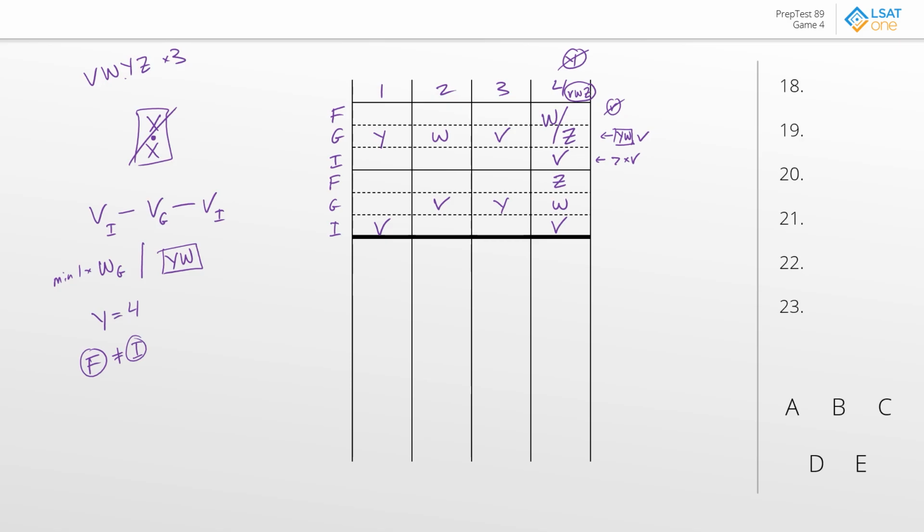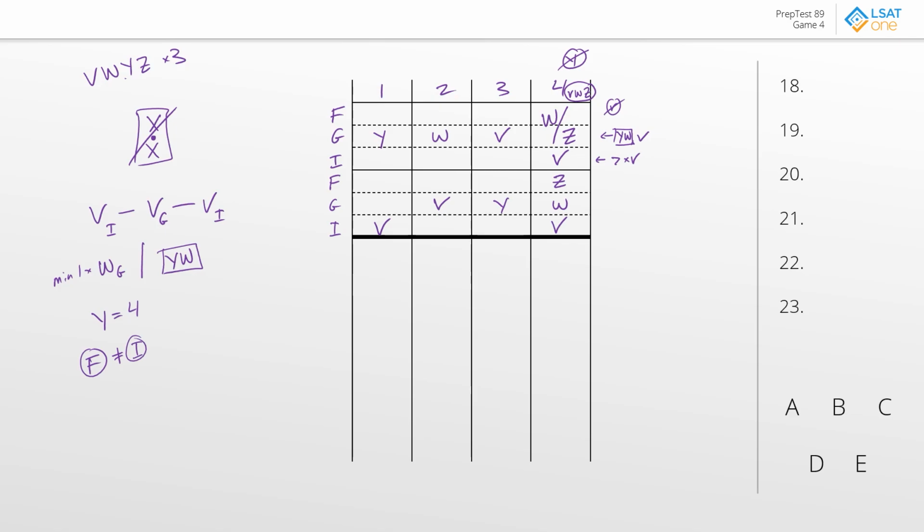So first of all, we can't have the same person showing up twice in the same month. Let's see if that's violated in any capacity. A looks okay, B looks okay, C looks fine, D looks fine, E looks fine. So it looks like they're not going down that path. I guess let's go through the rest of the rules. So the first rule has that we have to have that V in kind of IGI in that relative order.